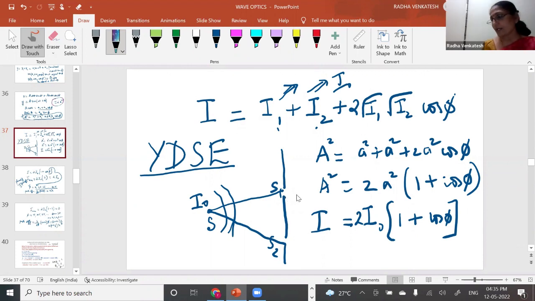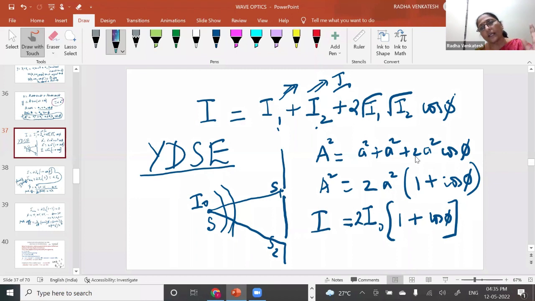Now, what is the speciality of Young's double slit experiment, or what do we do to this equation when it comes to it? The intensity is the same. So we can write I1 as some I naught, and I2 also as I naught.